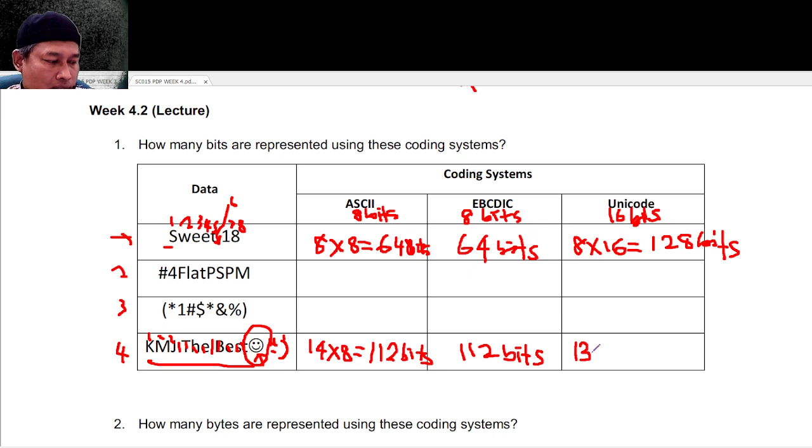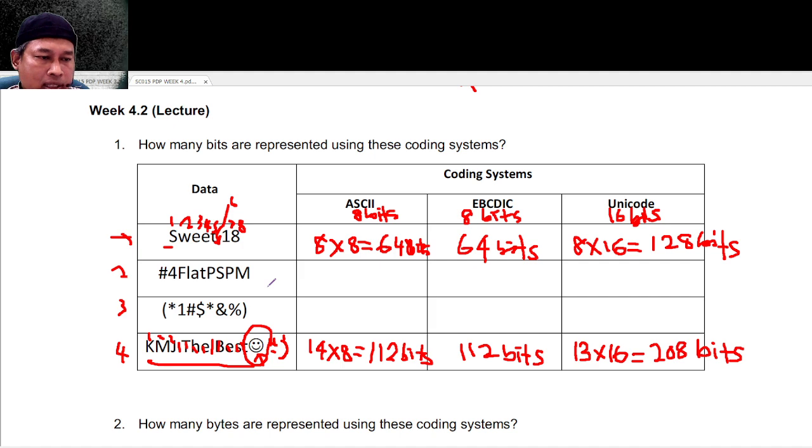So 13 times 16, because Unicode uses 16 bit, equals 208 bit. Alright.